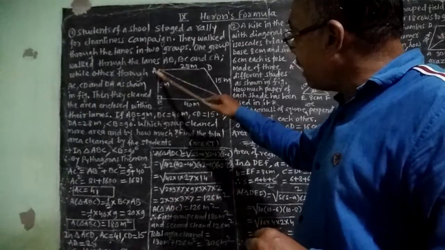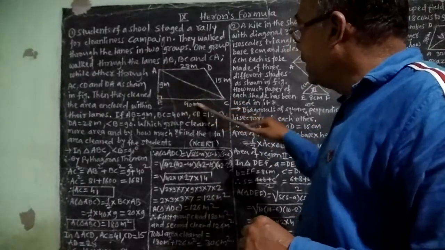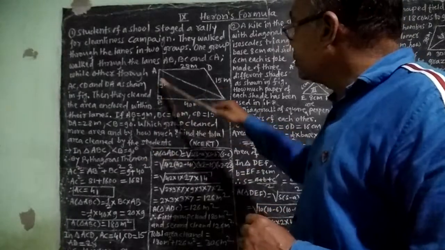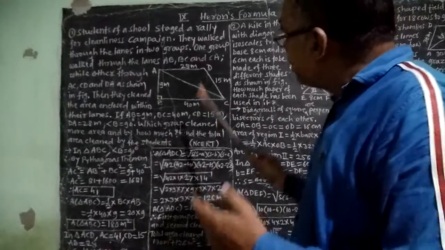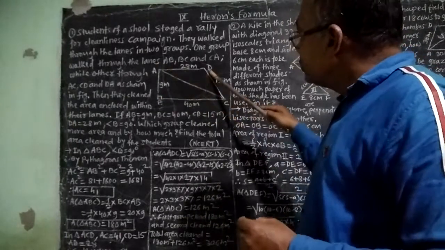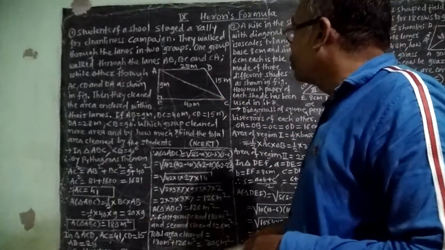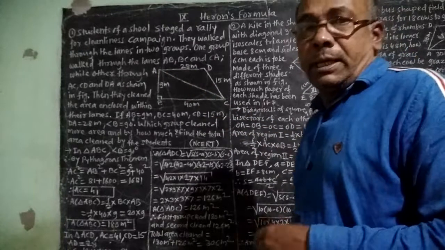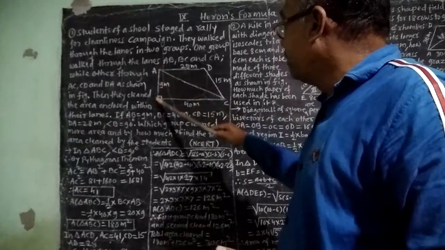Here we can apply that formula only for triangle ABC, because AB is the height and BC is the base. But such a situation is not in triangle ADC, so we must find the length of AC, and to find the length of AC we have to apply the Pythagoras theorem.